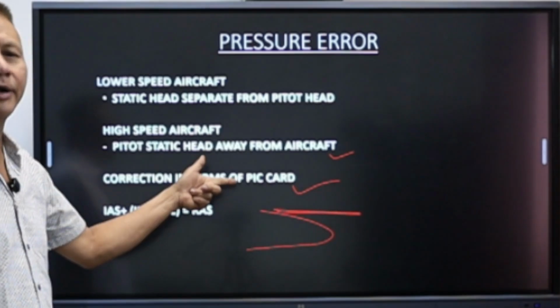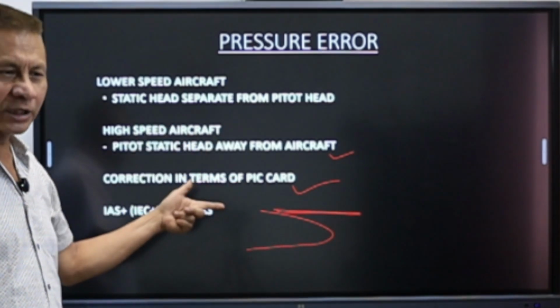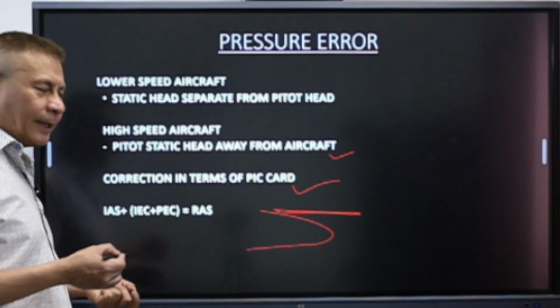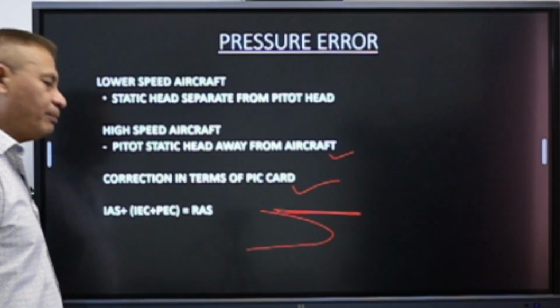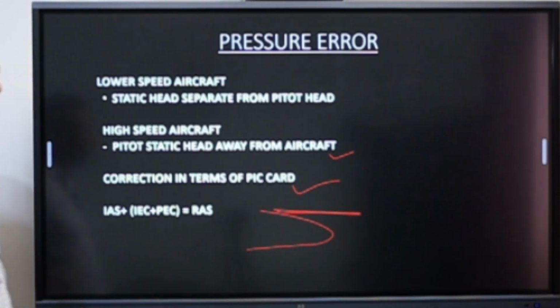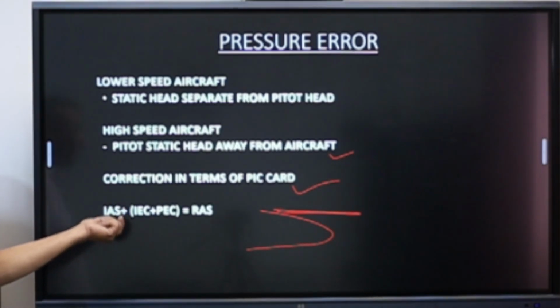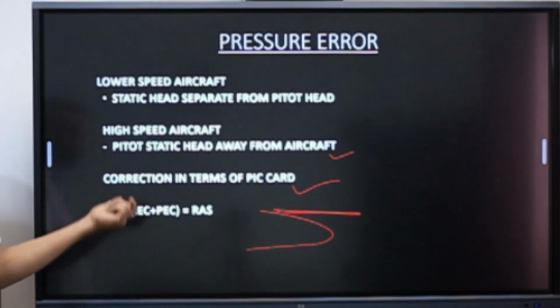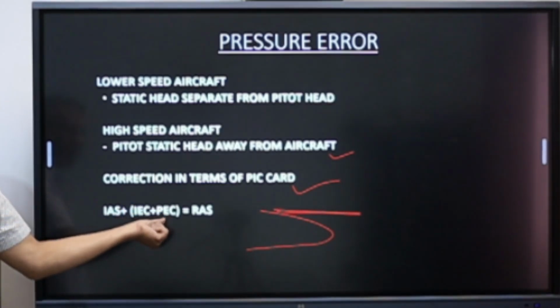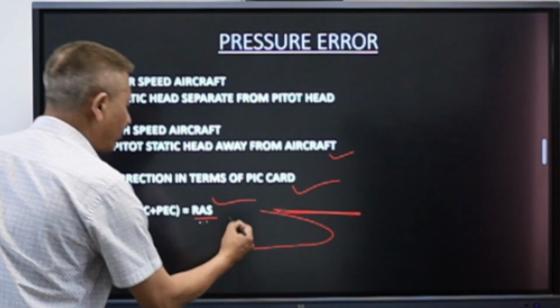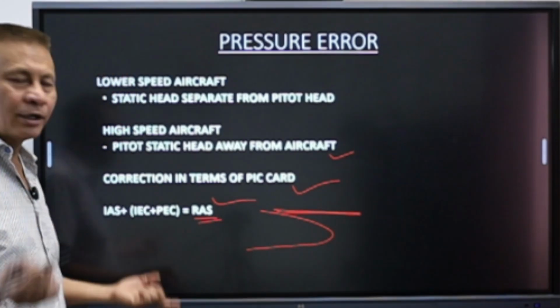Similarly, the pressure error can be found out in the test flight, and the errors combined together can be printed and kept on the aircraft in a card known as the PIC card. Therefore, IAS, when these two corrections, the instrument error correction and the pressure error correction, are applied, gives the speed we call rectified air speed.